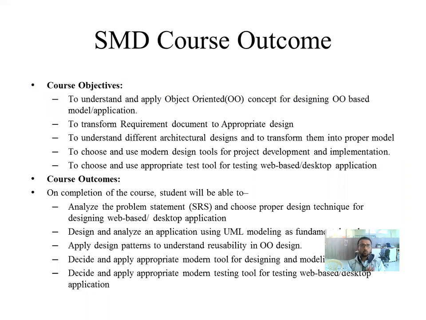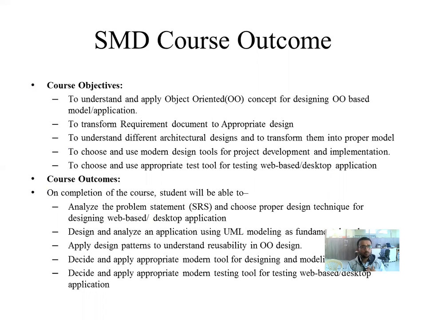Okay, so let us go through the course outcomes. We are going to learn this subject software modeling and designing. So before that, it is very important that we should know what the objectives are for which this subject has been introduced in your curriculum, and what outcomes you are going to get after the completion of this course, right?